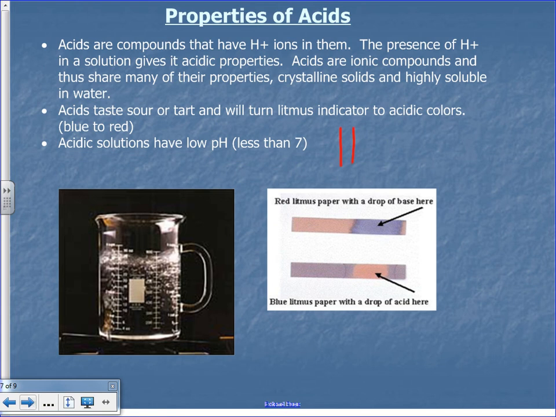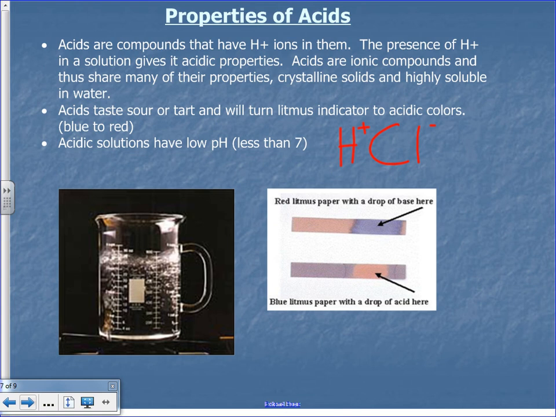In order to have an acidic pH, you need to be able to donate H+ ions to a solution. If you're going to donate H+ ions, you have to be an ionic compound with hydrogen listed first. Agreed?